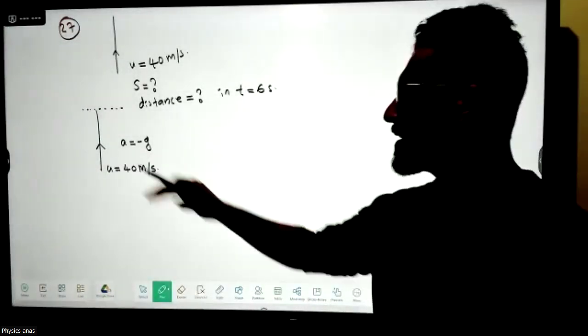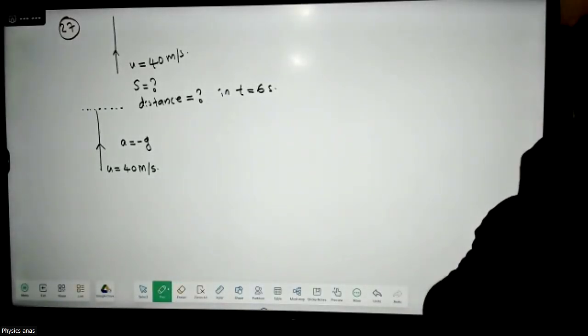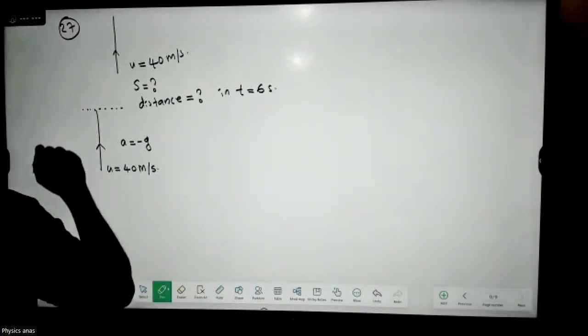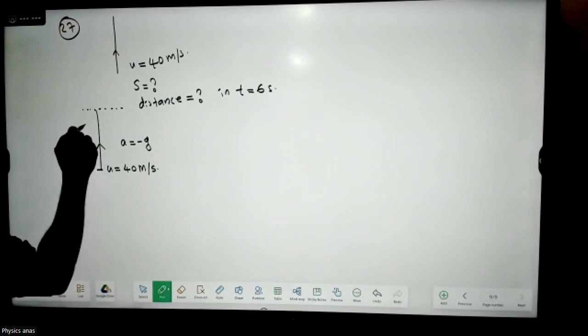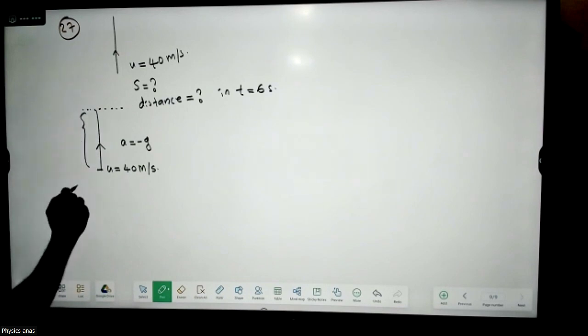From that condition for maximum height, we can find the height it has traveled. Then that will be the distance from this point to this point. What will be that distance at maximum height?